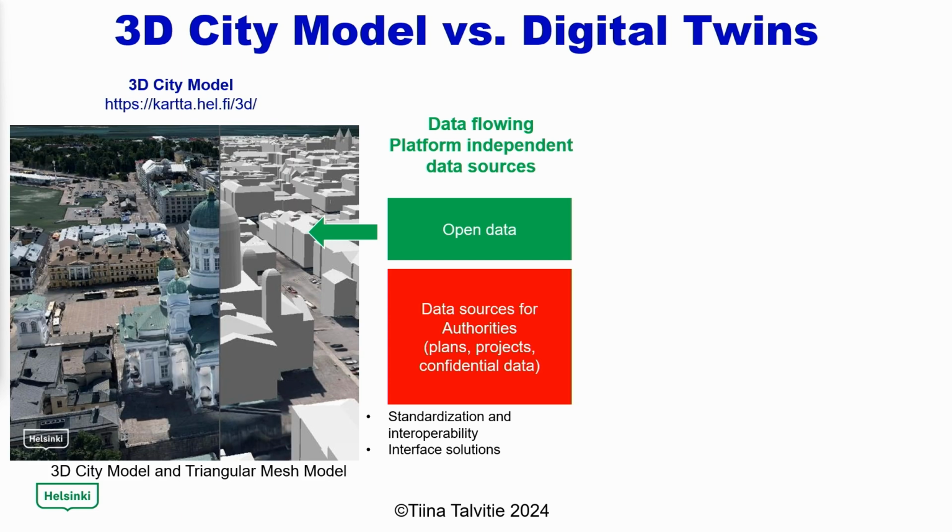Well, we have a 3D city model in Helsinki, as Lauri already told you, and it is open, public, open for everyone. The problem as authorities, what we feel, is that we can't bring there any confidential official data. Because of the safety situation, it's even more difficult nowadays.